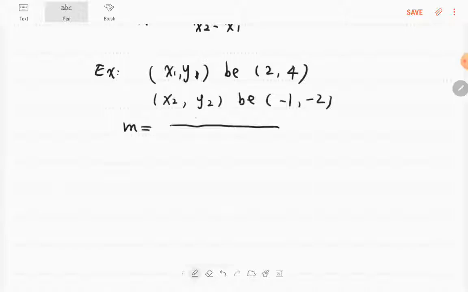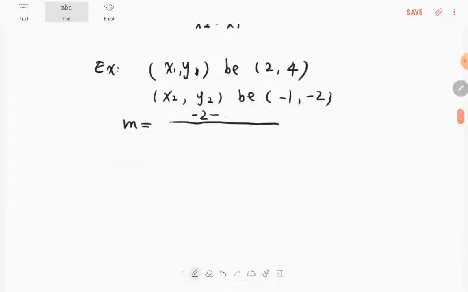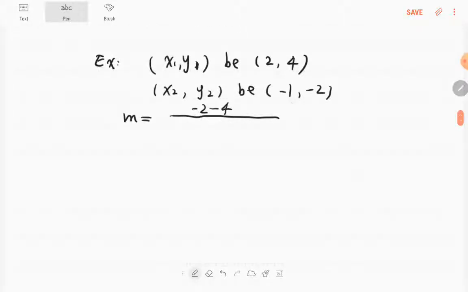We use y2 minus y1, y always minus y, x minus x. So y2 minus 4, similarly x2 minus x1. Then solve this one. We will get -6 over -3. We will get 2 as our slope.